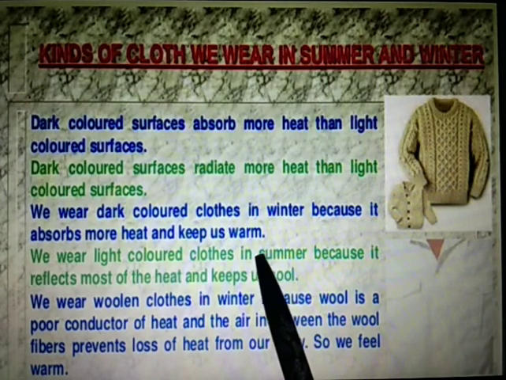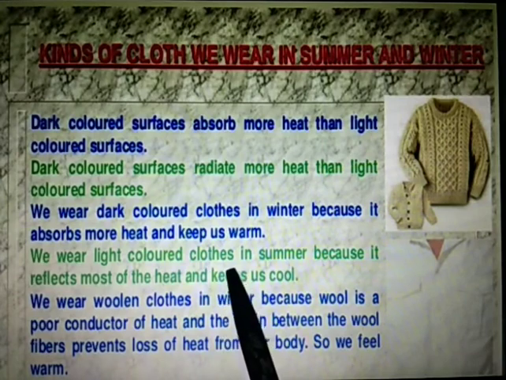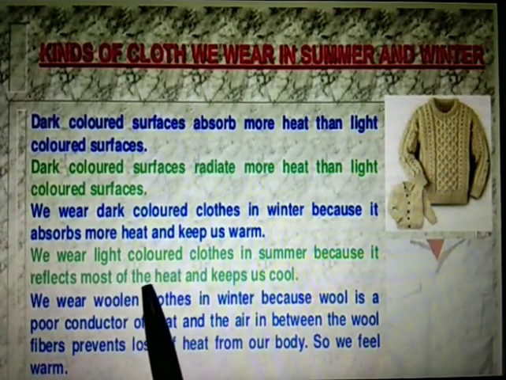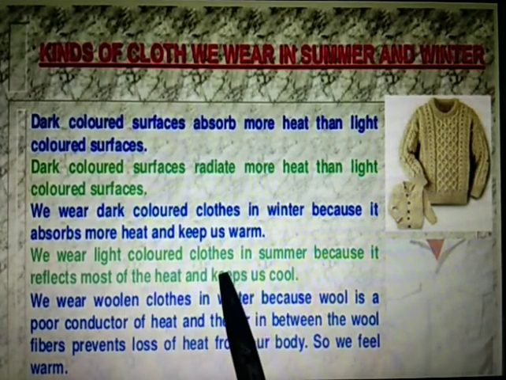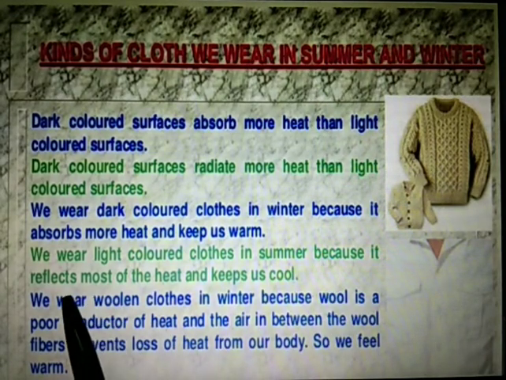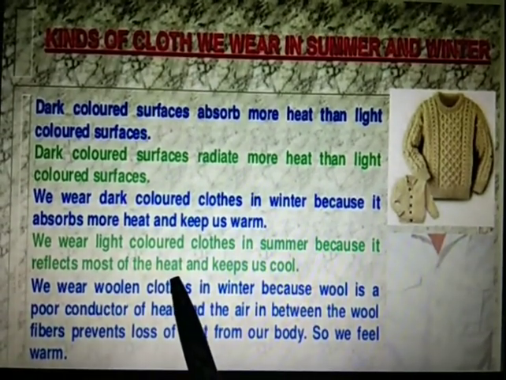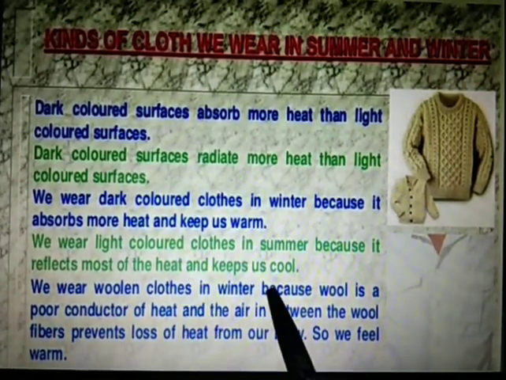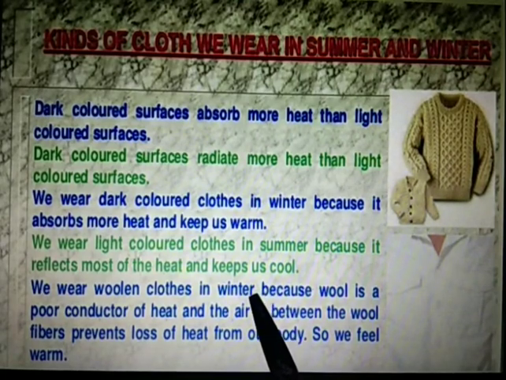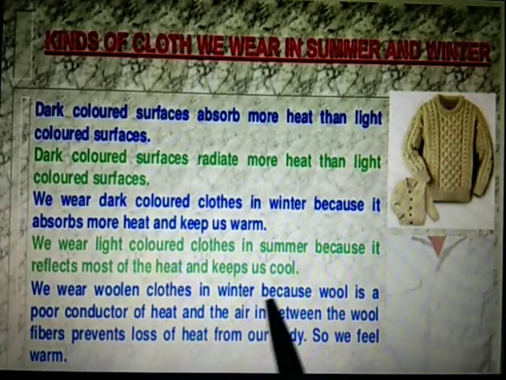Clear? Similarly, we wear light colored clothes. These days it is summer, and you must feel good wearing light colored clothes. Why? Because they reflect most of the heat and keep us cool. Clear?